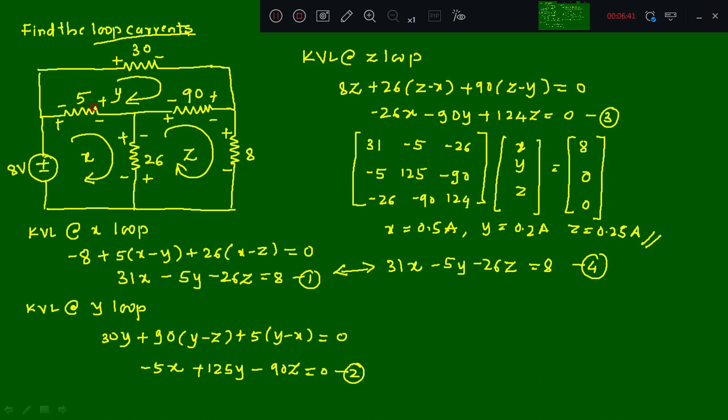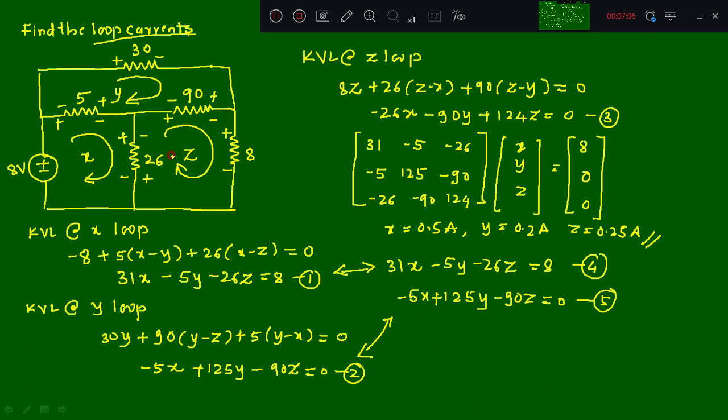How much is it? 125Y. How much X is getting subtracted? 5. It is minus 5X. How much Z is getting subtracted? 90. It's minus 90Z. No sources are here. Call this equation number 5. Is this the same as equation number 2? Yes, exactly. It's the same, right?